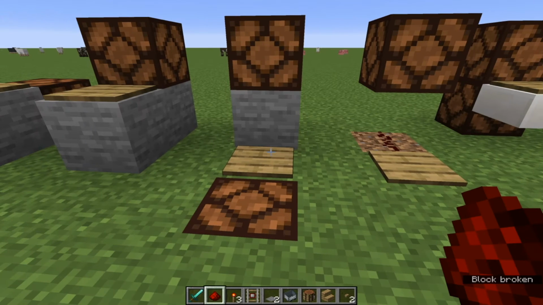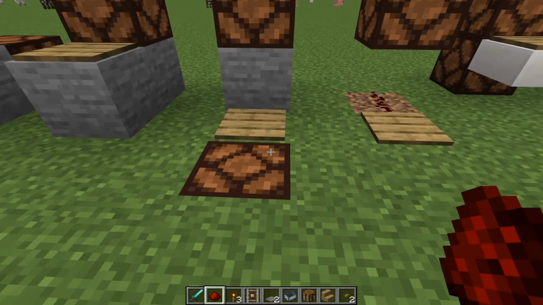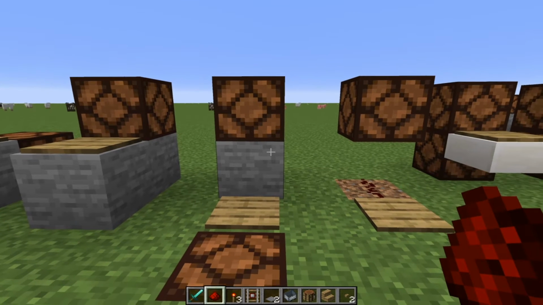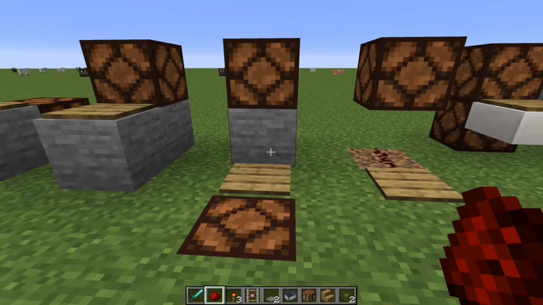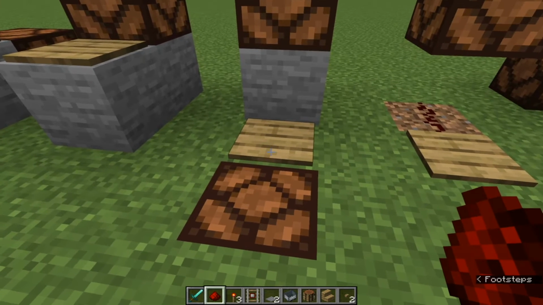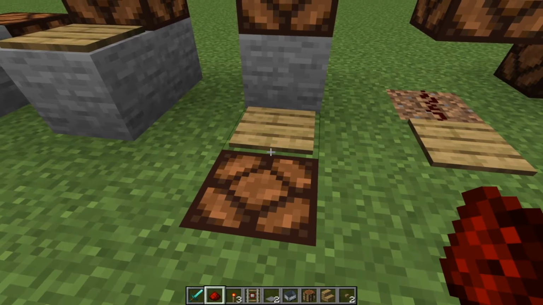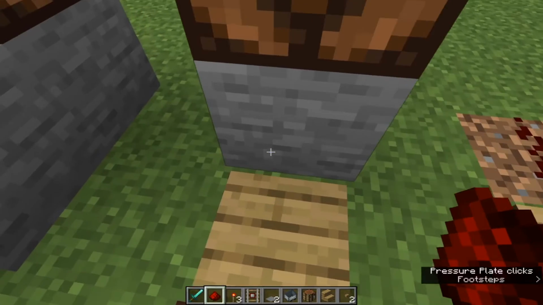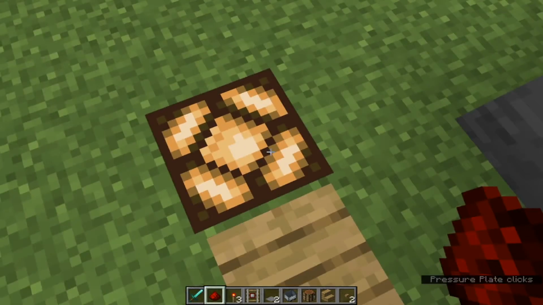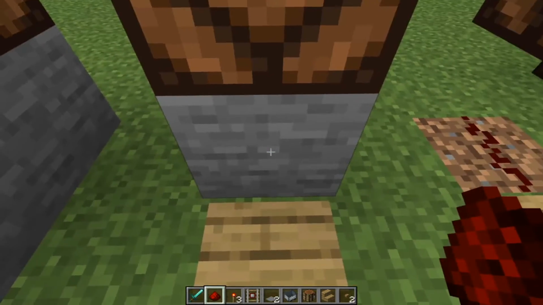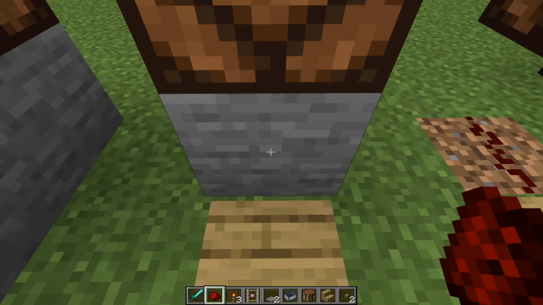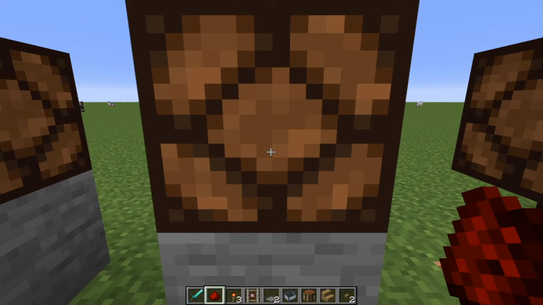Okay, this is another example. Pressure plate, redstone lamp, block of stone, redstone lamp. In this situation, what is going to get activated? You are correct. The pressure plate is going to cause an activation of the block below it and the blocks next to that block. We've actually activated technically this stone block, but not the redstone lamp.